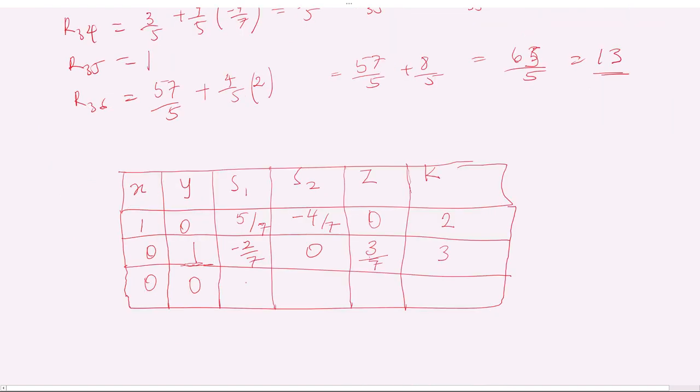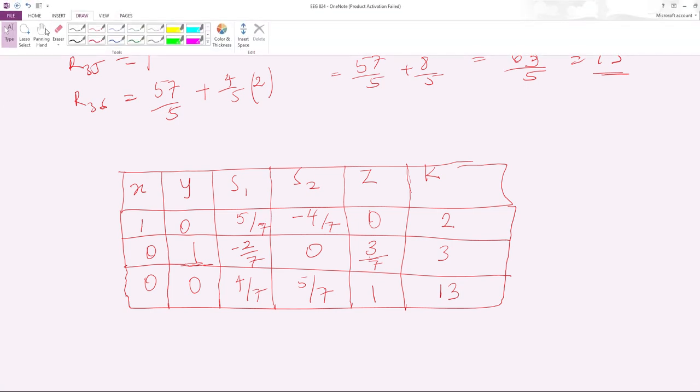So this will be 4 over 7, 5 over 7, 1 and 13. So according to this, we have succeeded in transforming this into 1001, and this is 0.